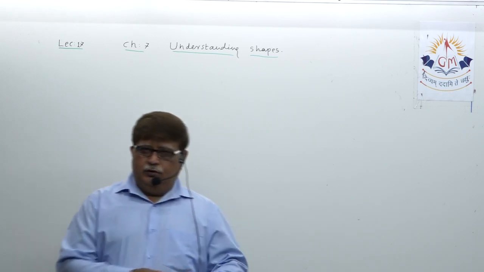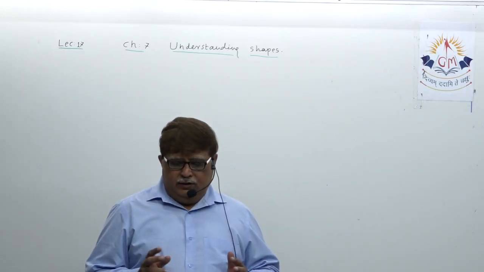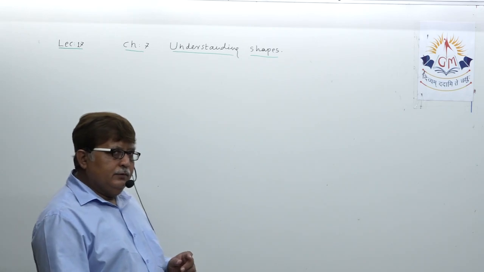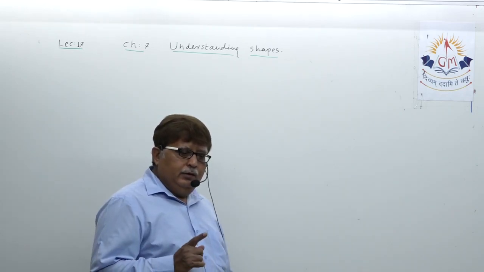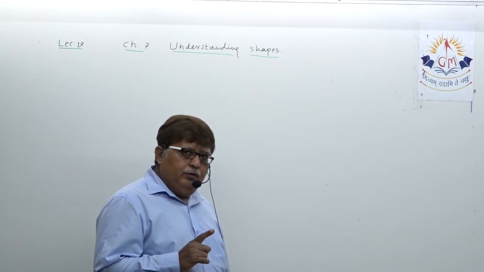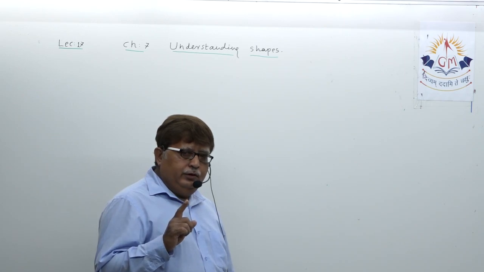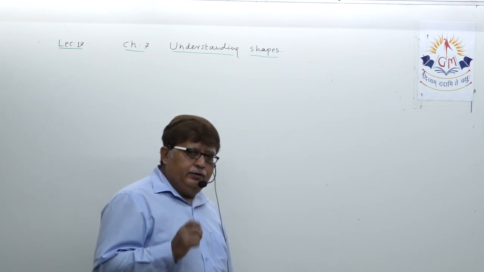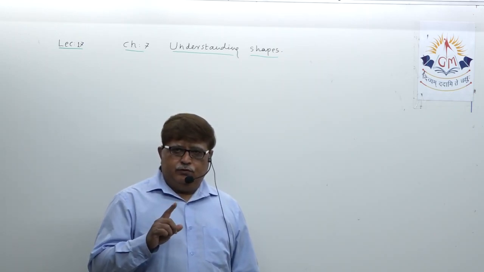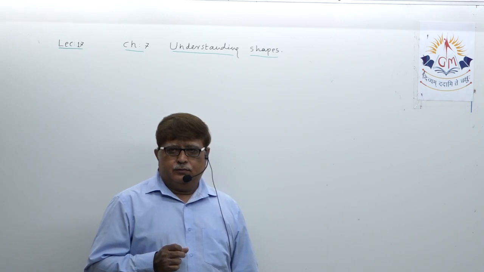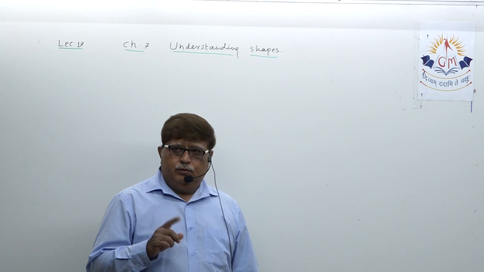Understood? Dear student, I can define square either from rectangle or from rhombus. It is possible for me to define square with reference to rectangle or with reference to rhombus also.